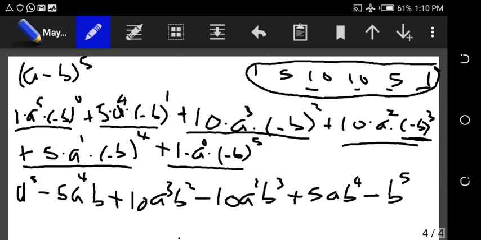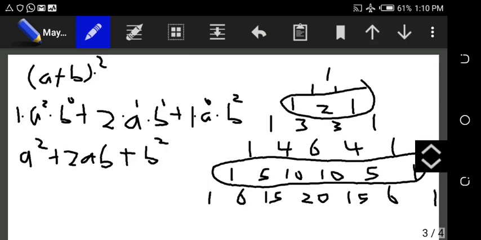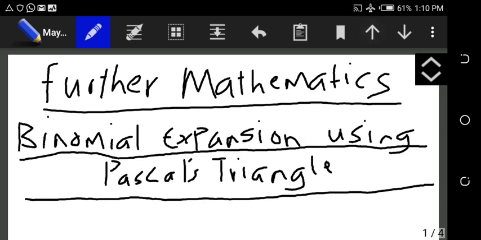Okay, so this is like an introduction on what this is all about, Pascal's triangle. There are other problems that we'll need to solve, which will be in a future video, but for now I wanted to introduce us to binomial expansions using Pascal's triangle.